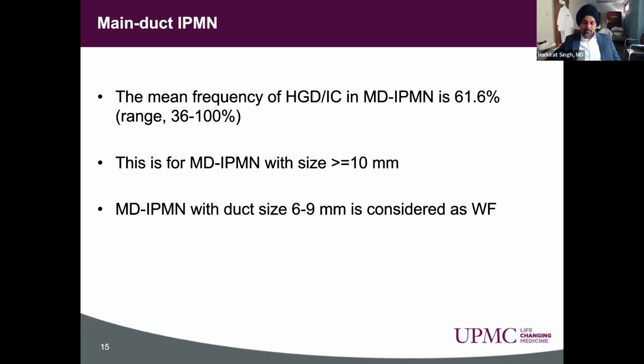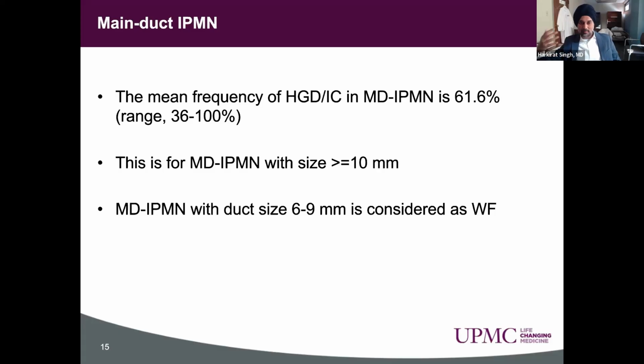So that was Branched-Duct IPMN. We talked about, do you have high-risk stigmata or not? Do you have worrisome features or not? Or do you have nothing? Now, talking about the Main-Duct IPMN, if your main duct is dilated above 10 millimeters, when these patients went for surgery, anywhere from 36 to 100% of surgical series report that they had some advanced neoplasia.